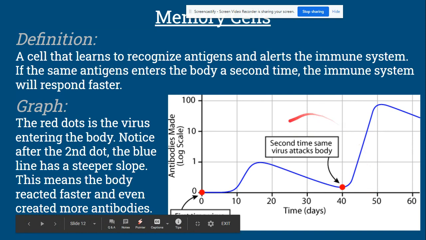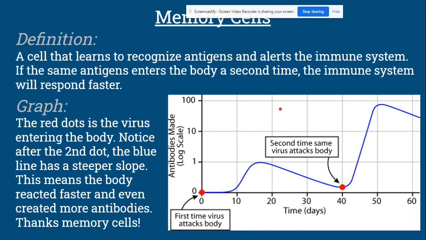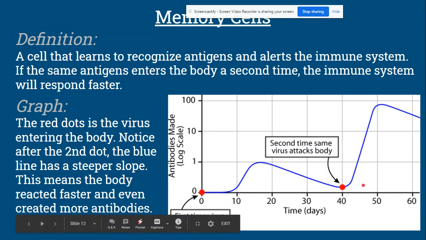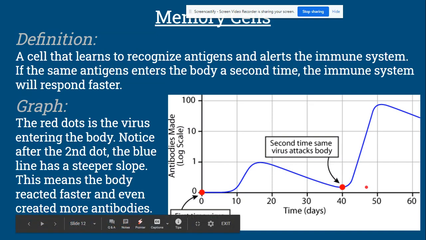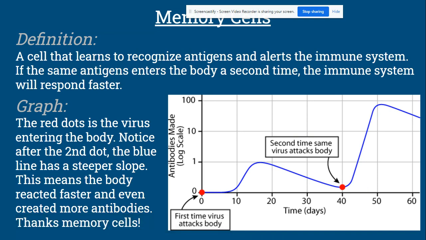And that is thanks to the memory cells. The memory cells were able to identify, you know what, we've seen this virus before. I know his game. They alert the cells, they equip the cells, so everything is better prepared to handle the virus the second time around.